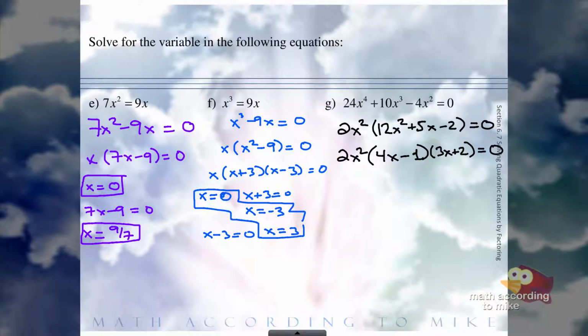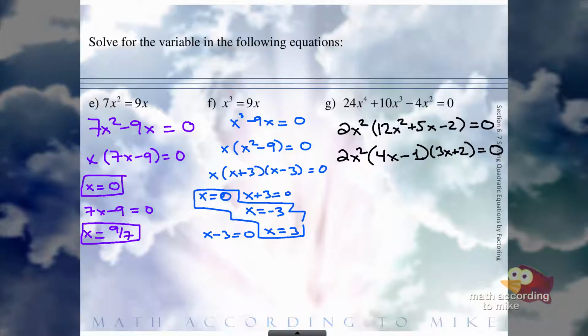Now you might be like, where did that come from? Well, you got three terms. The leading coefficient's not a 1, so you should try factoring by grouping. I'm not going to show you the work for it because we are well past that. So take the time, pause the video if you need to, sit down and do a times c, what multiplies 12 times negative 2, that adds up to 5. And then go from there.